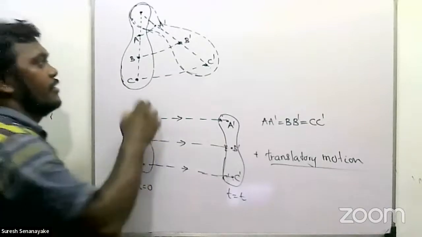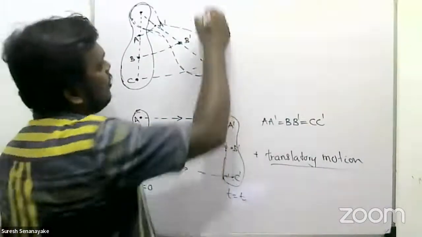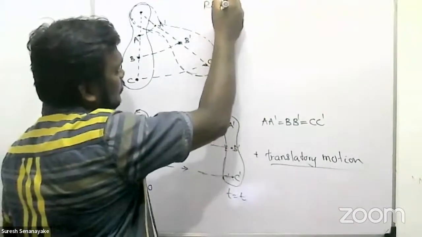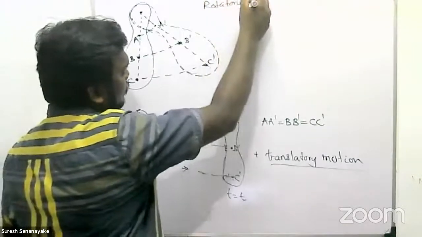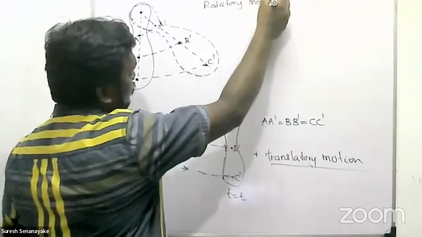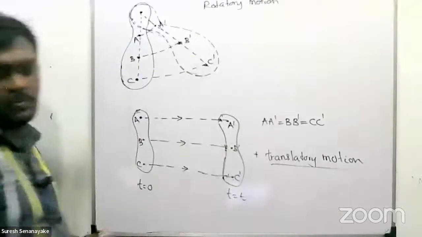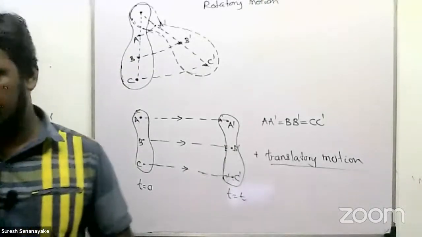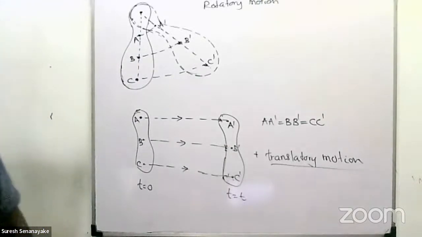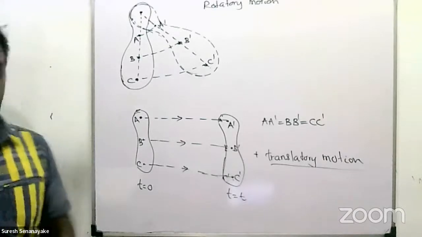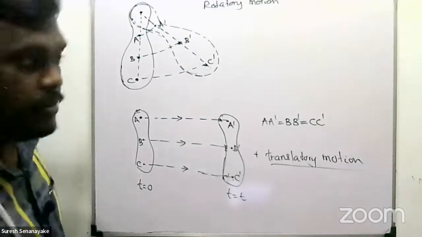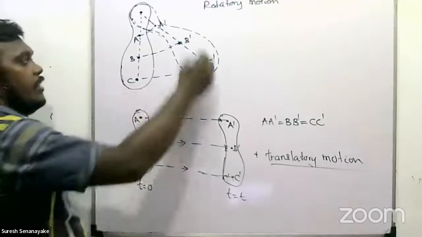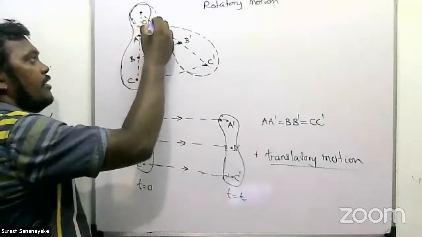Then the next one, write the rotatory motion. The body rotates to this point, they make the same angle.